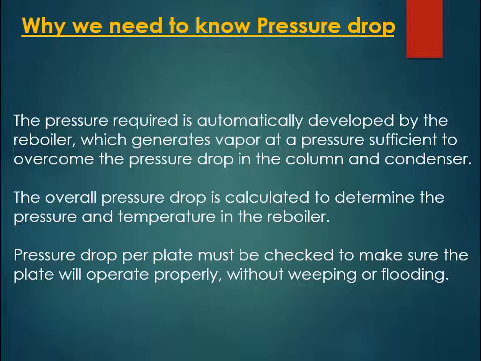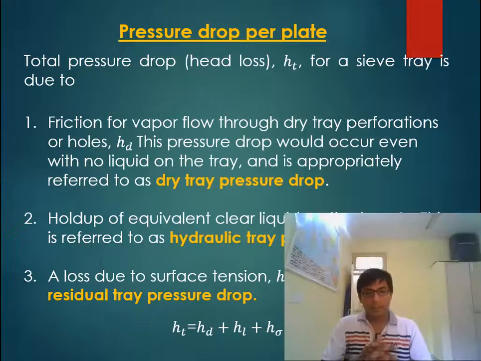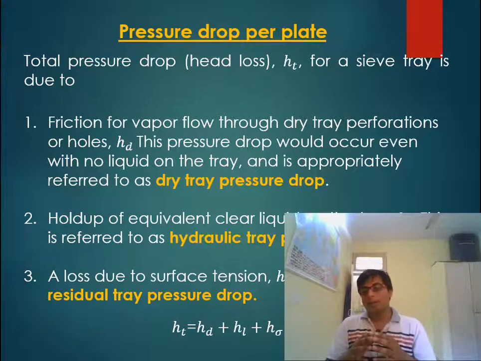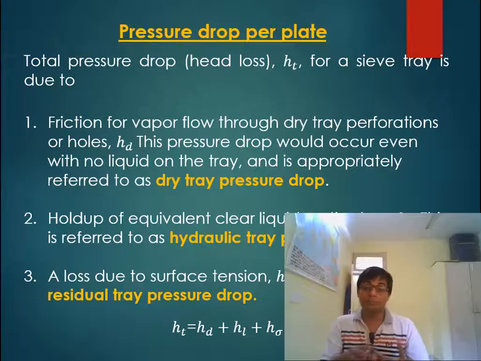So with this brief motivation, let us start our discussion about the pressure drop of vapor when it passes through a plate or a tray. To determine the pressure drop for vapor passing through a tray, we have to figure out what the restrictions to vapor flow are.